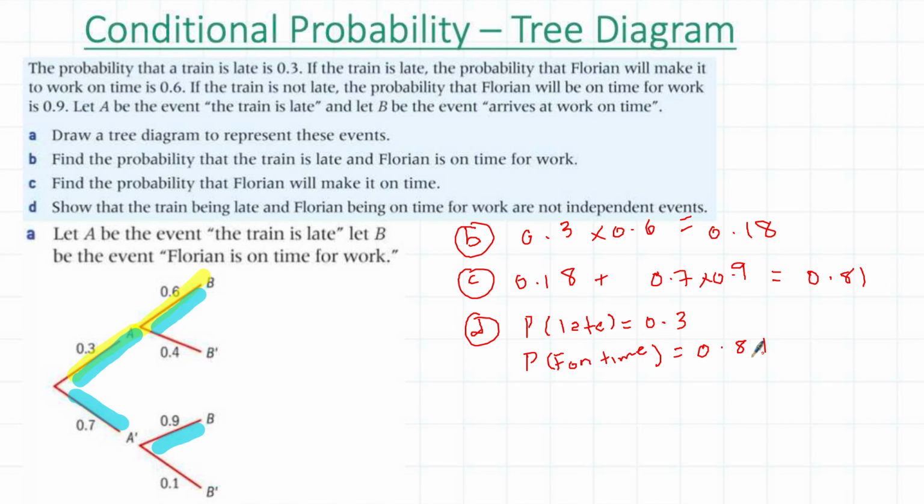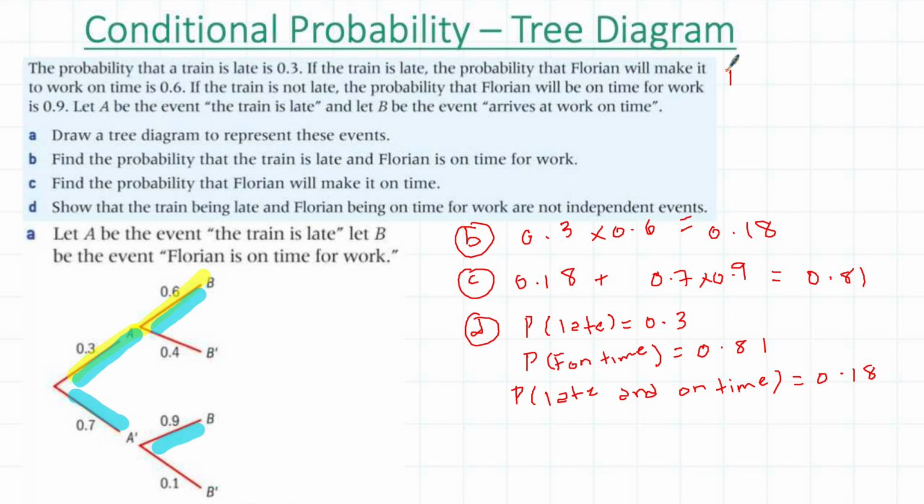And now I need to find the probability of the train being late and Florian being on time. So that would be the intersection between them, which has already been calculated in part B, which is 0.18.